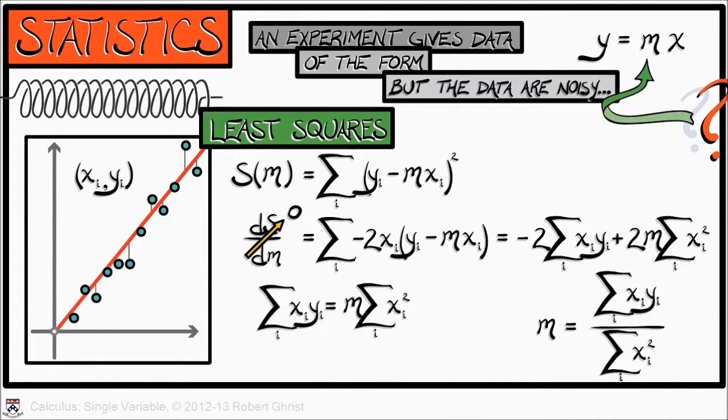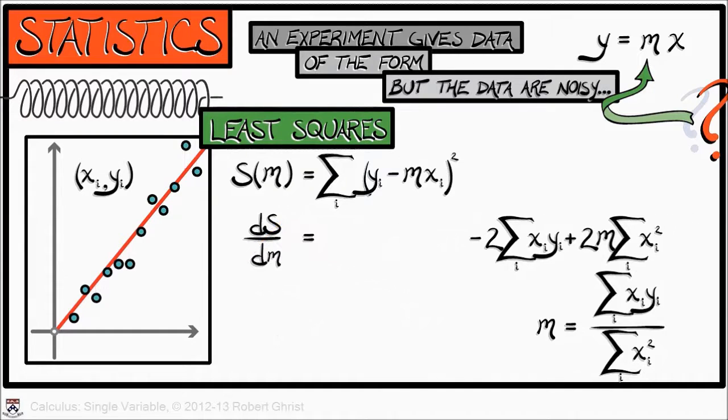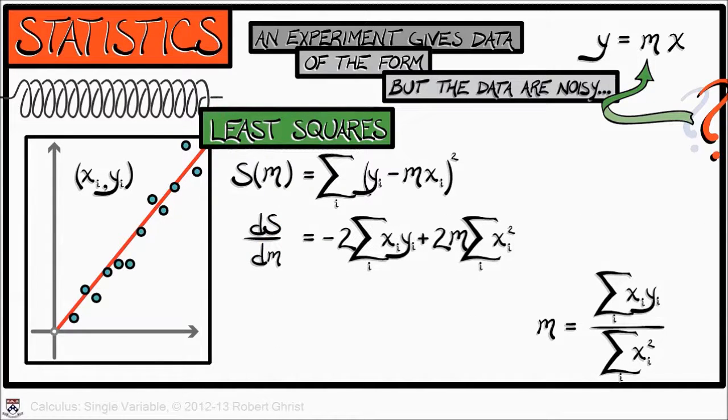The question remains: is this critical point a local min or a local max? Well, you might guess that it's a local min, but how would you show it for sure? If we compute the second derivative of s with respect to m, what will we get? It looks complicated, but there's really only one m in that first derivative.